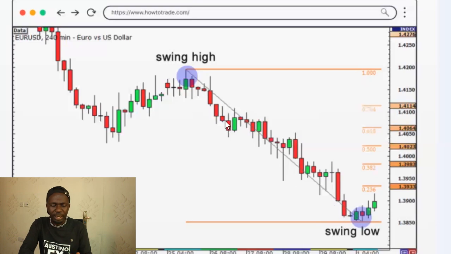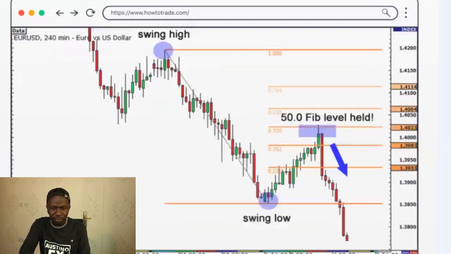So now that you have plotted out your Fibonacci tool, let's see what happened next. You can clearly see that the price went up to this 0.236, broke above it, came to this 0.382, broke above it, and then came to this 0.5 and got rejected, forming this wick, right?